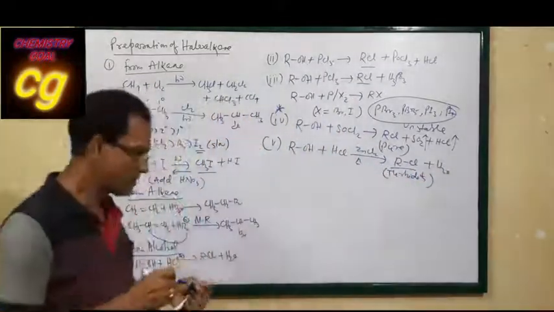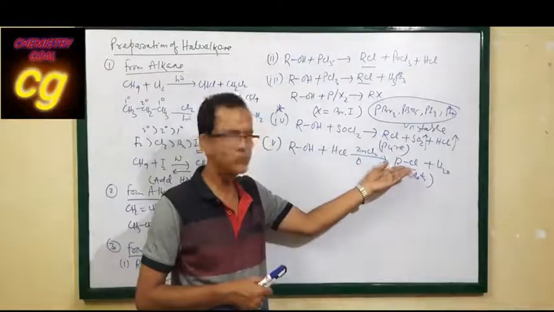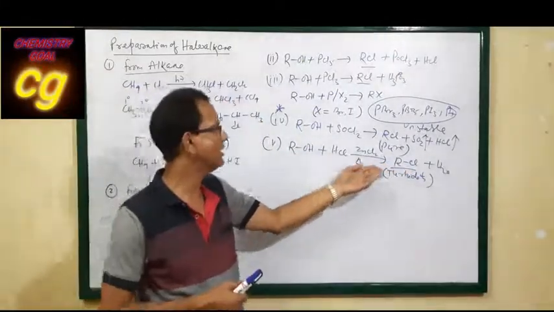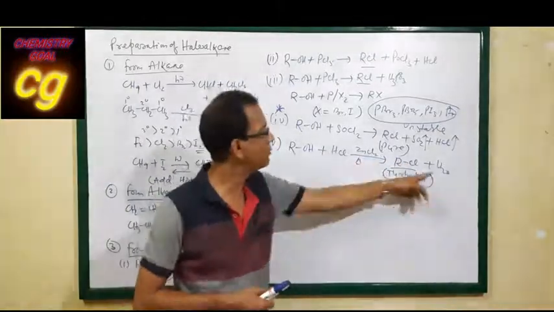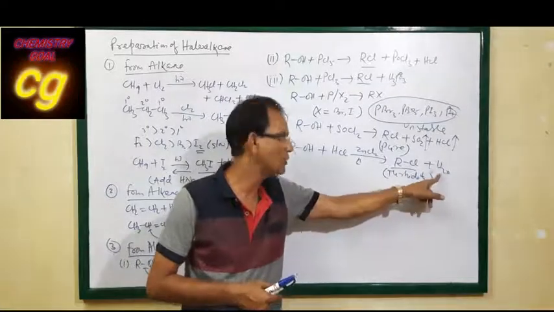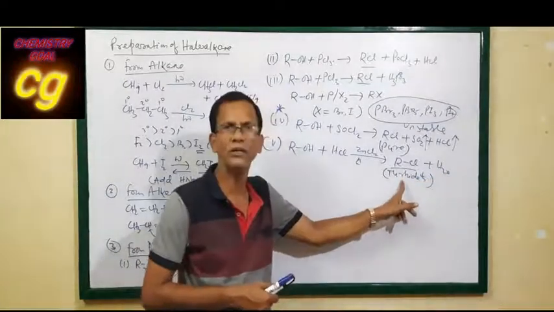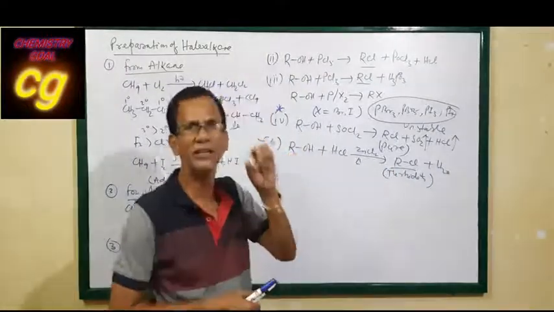Turbidity means haloalkane is less soluble. Because the medium is water, and it is less soluble in water, it appears as a white turbidity, the solution becomes a little bit white.